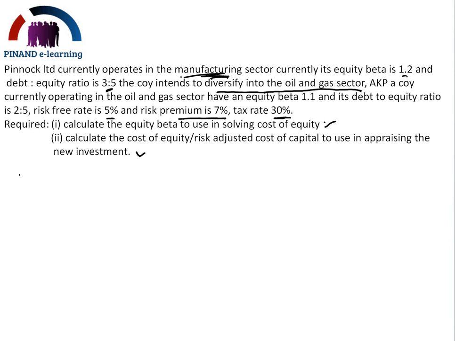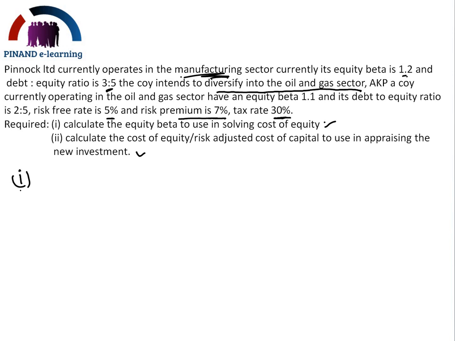So let me do the first one. Now we are diversifying into the oil and gas sector. I will need to ungear the business risk in that oil and gas sector and slot it into my existing capital structure. Remember, when you're ungearing, use the industry you want to diversify into. You need to ungear their asset beta.